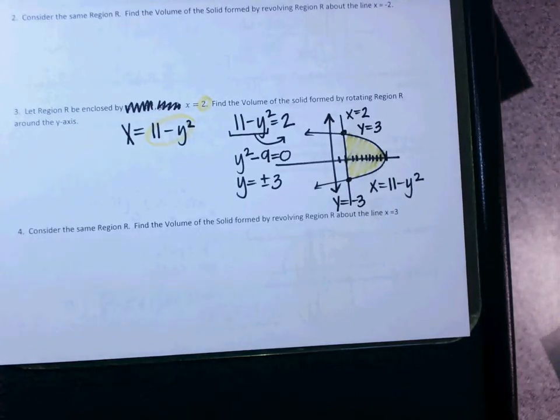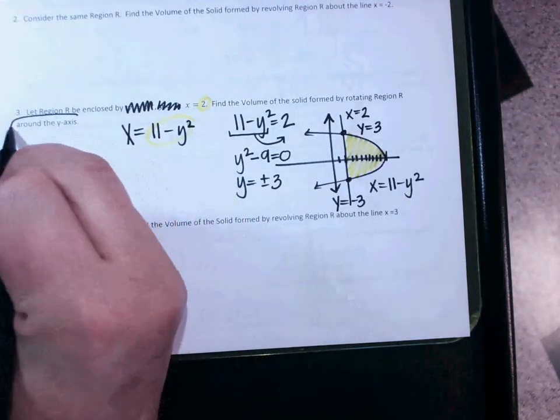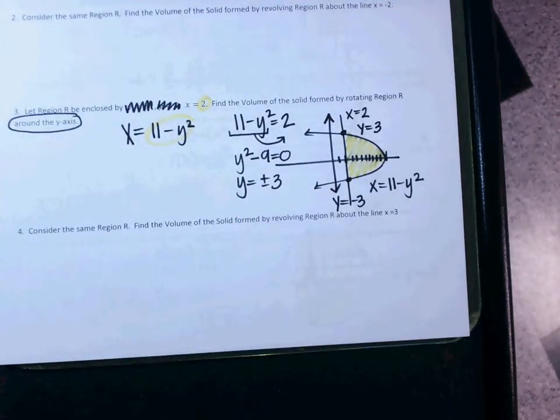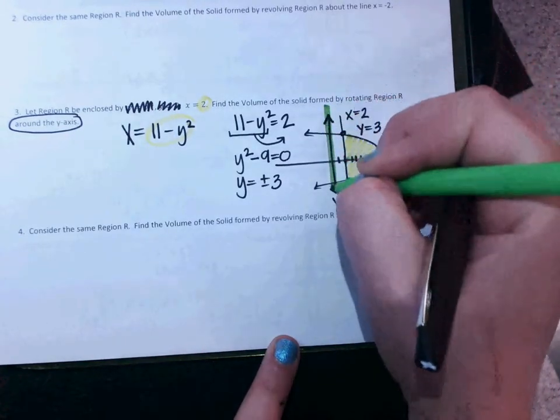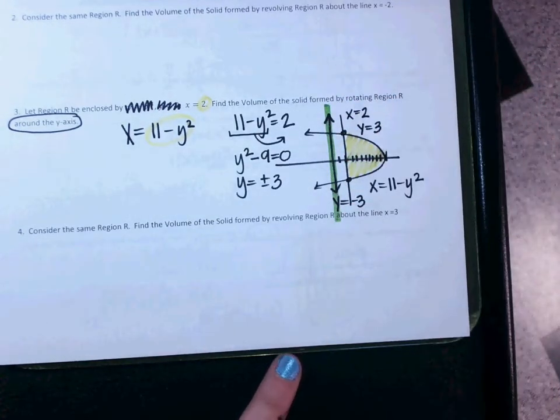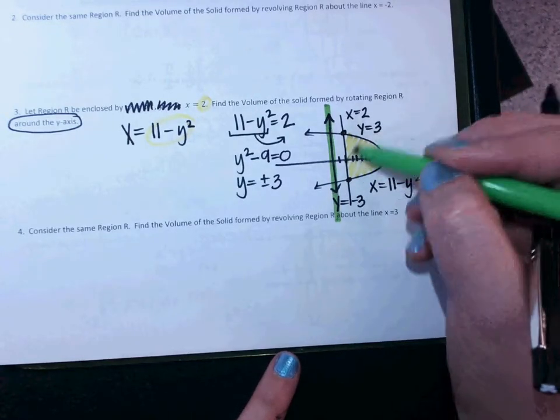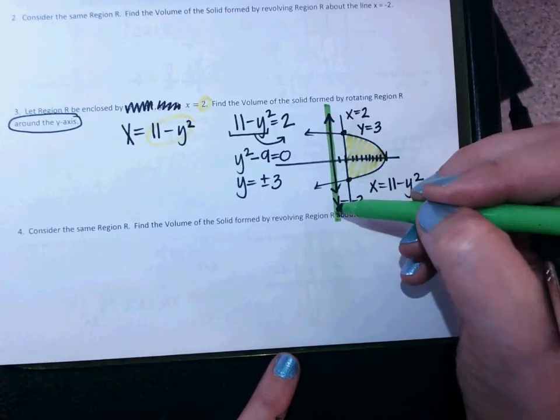Okay, what are we revolving around? The y-axis. Where's the y-axis? X equals 0. Am I touching that line already? Here's my region. Here's my line. Am I touching it?